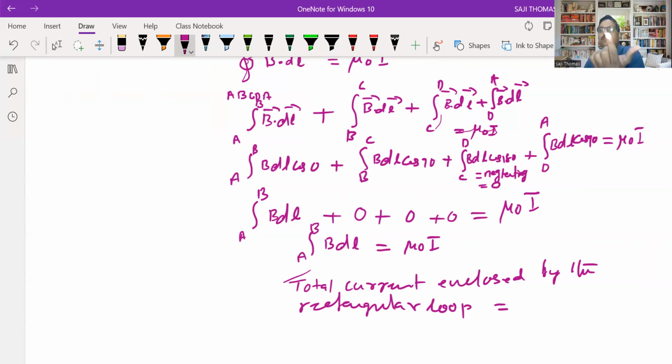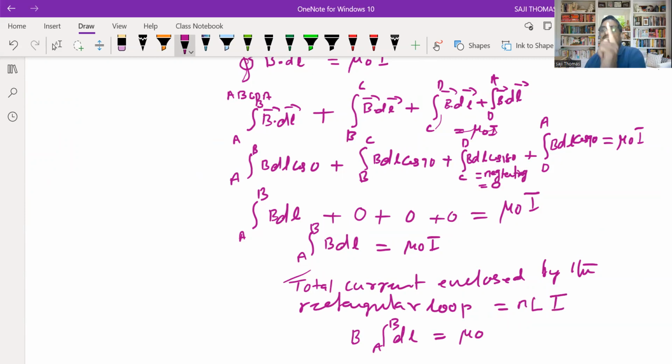So in the length L, the total number of turns is small n into L, where L is the length of the solenoid. So we can write B into integral A to B dl equals mu 0 into total current enclosed, which is n L I.